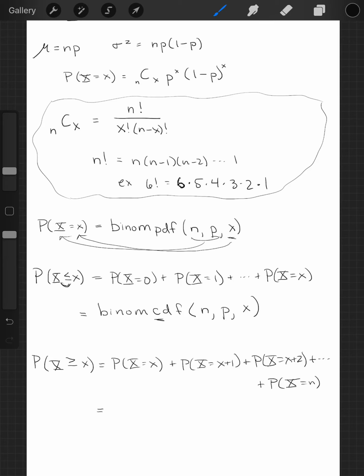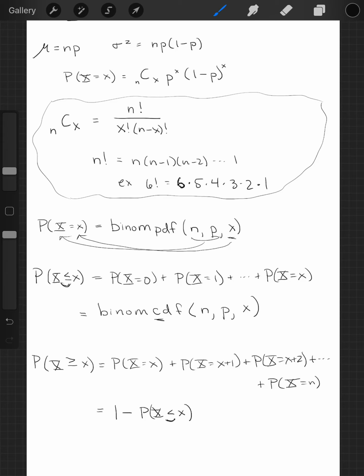But this CDF is always for less than statements. So what we have to realize is that we can use the complement rule that we talked about last chapter. So the opposite of being greater than or equal to x is being strictly less than x.